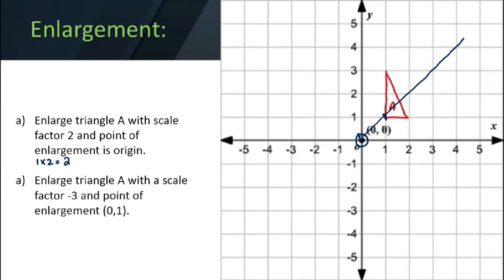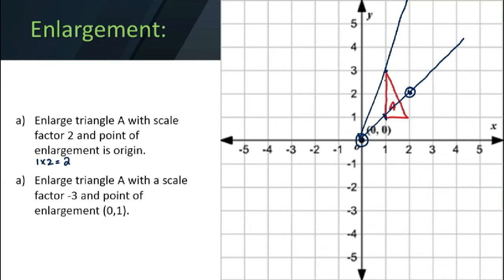So if we count the distance from the point of enlargement, here we have one box and here we have two boxes. So this is the image. Then if we join the second vertex with the point of enlargement, we will extend the line on the same side. Okay, here we have the object and we have extended this line.